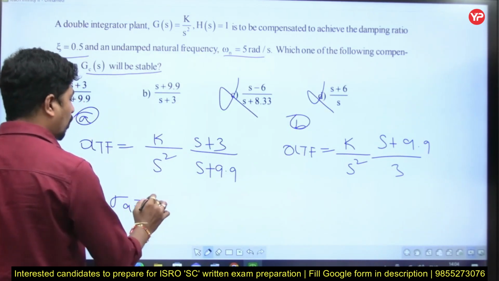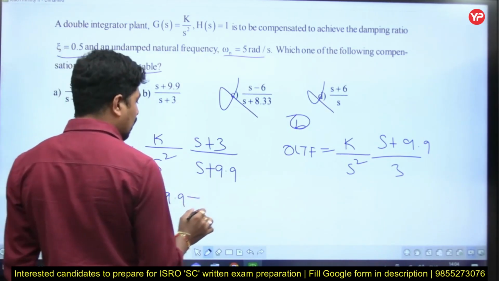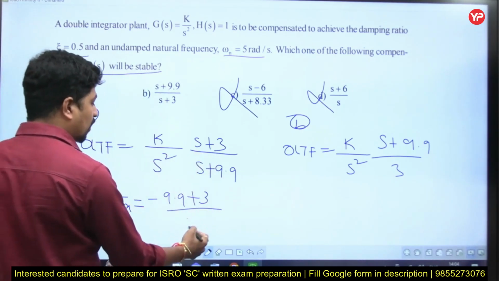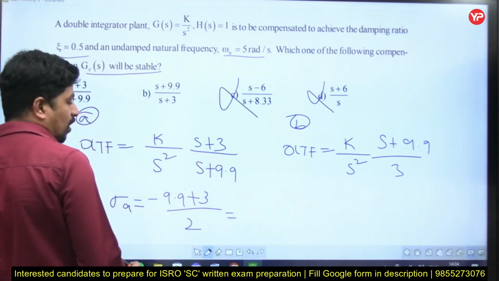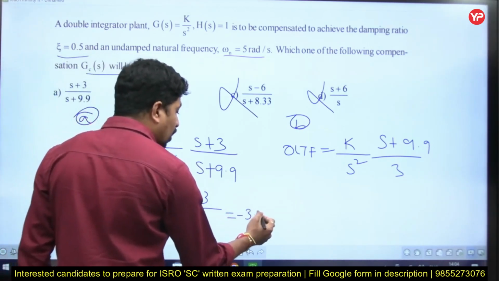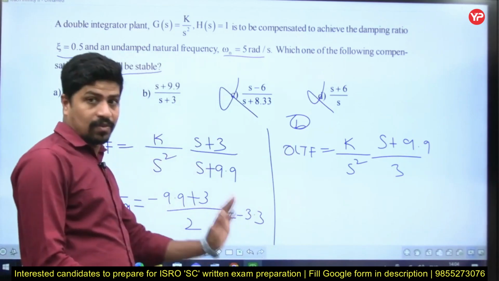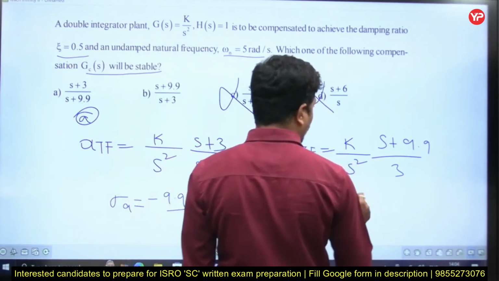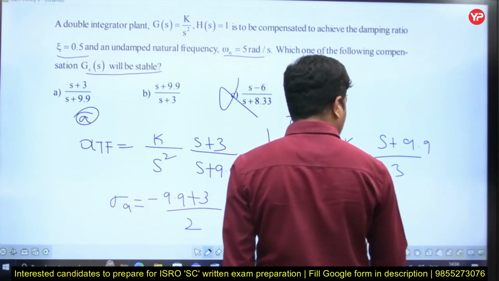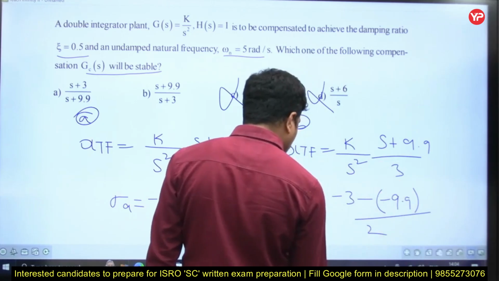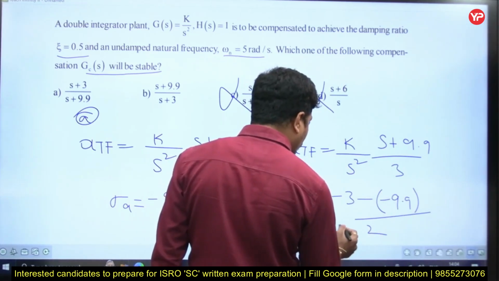Centroid is equal to sum of the poles minus sum of the zeros by number of poles minus number of zeros. It will be minus 9.9 minus minus 3, that is minus 6.6, by 2, you get minus 3.3. Now from this one you calculate centroid is equal to sum of the poles minus 3, sum of the zeros minus of minus 9.9, by 2. This will be plus 3.3.